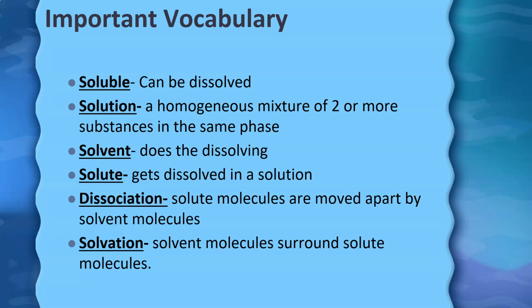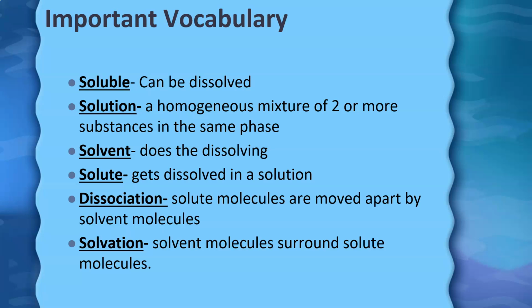And so now I'd like to take a little time to look into those last two vocabulary words, dissociation and solvation, a little bit more, and to think about how we can predict whether a molecule is going to be soluble in a given solvent or not.